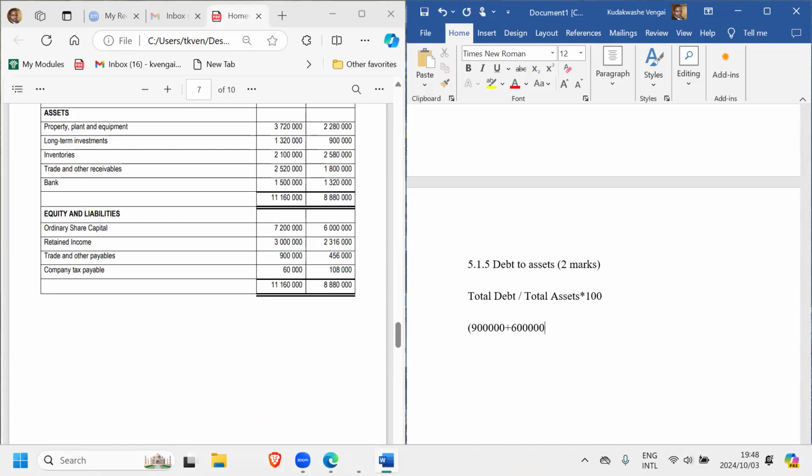Then if we had long-term loans, we would also add them. But in this particular example, we don't have any long-term loans or debentures or bonds, so we can't add them. But if we had any long-term loans, we could add them because total debt means both the current and the non-current debt. All right. Divided by the total assets, which is 11,160,123. Right? Multiply by 100.